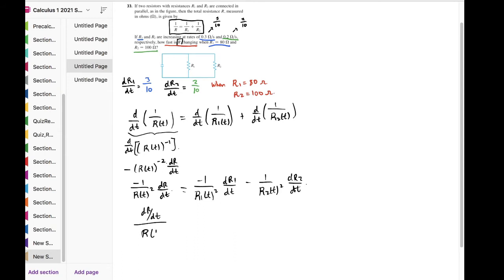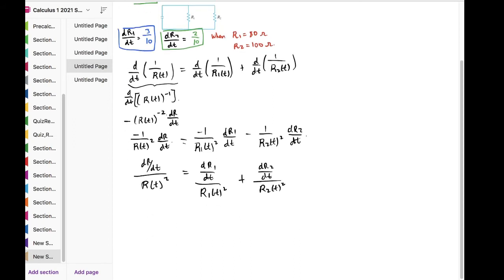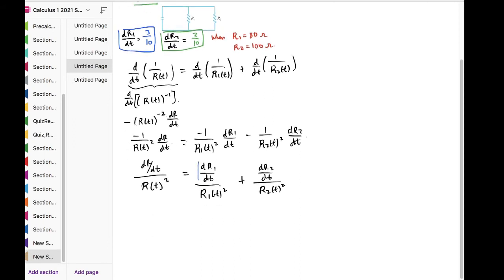Get rid of all the minuses. So while I'm doing this, someone tell me some info. We know some of this stuff, right? Right up here. dR1 is 3/10. dR2 is 2/10. So just plug that in.